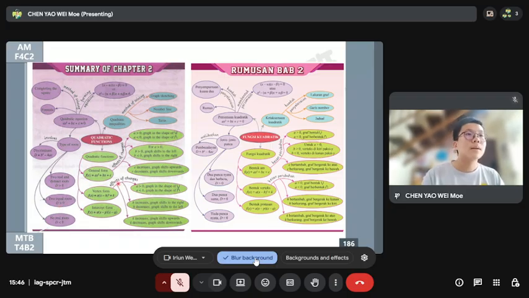Quadratic equation can become a quadratic function. We can use these three forms to determine the shape and the position of the graph for different graphs. And quadratic inequalities we can solve by using graph sketching, number line, and also the table method.